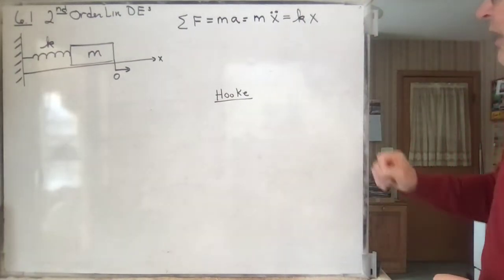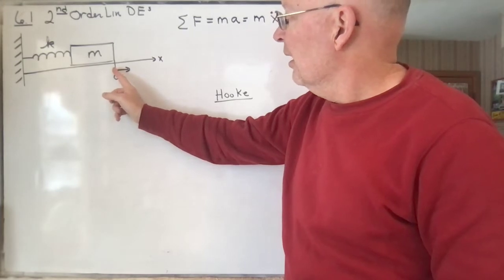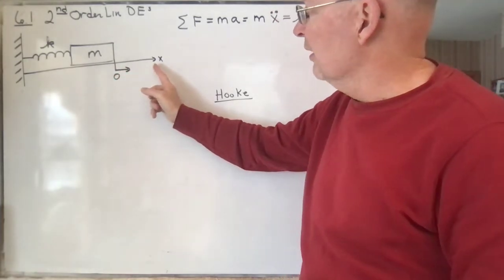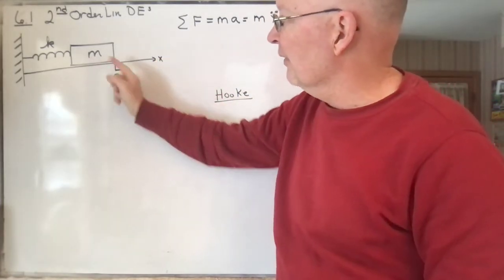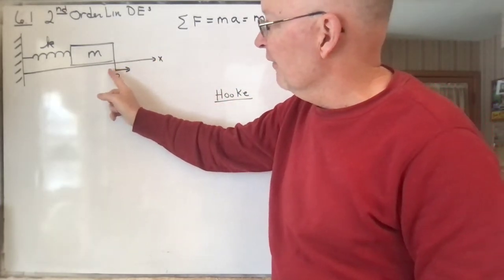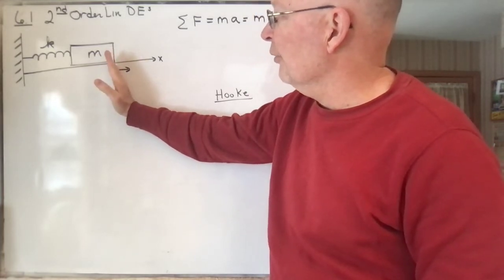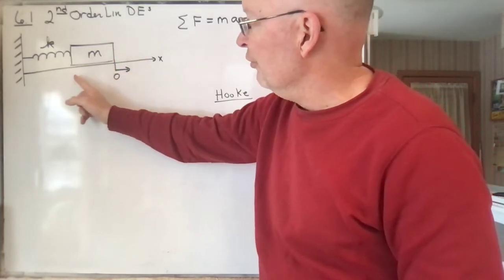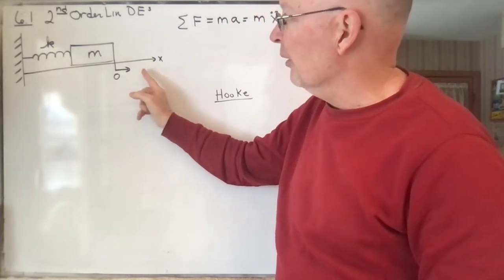So let's think about it. If this thing is over here, then the force is going to be moving in this direction, which is negative. On the other hand, if the displacement is negative, this is the natural place, where it just wants to relax. If you push it this direction, then the force is going to be positive, pushing it away.